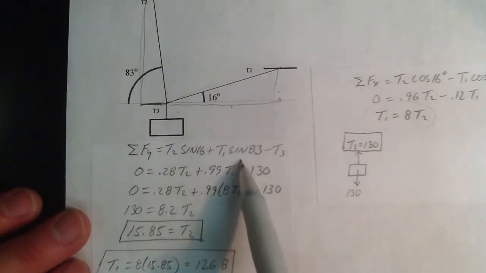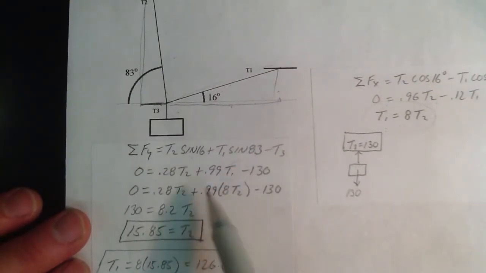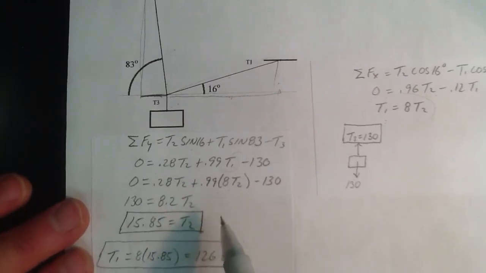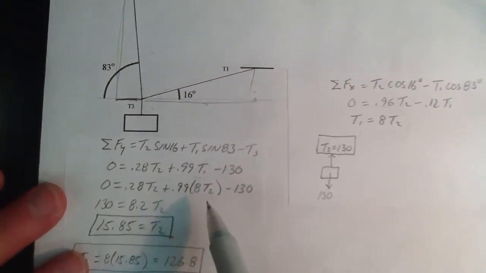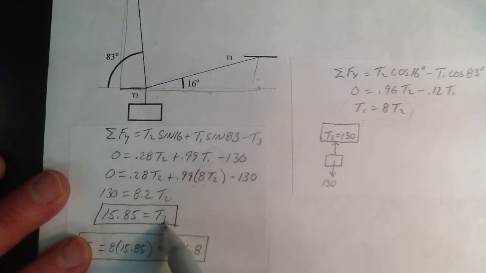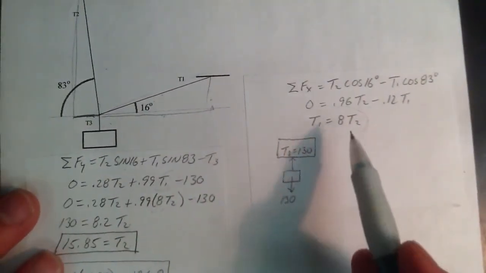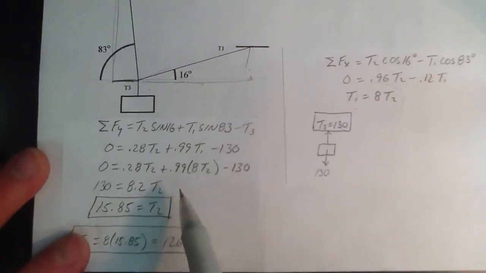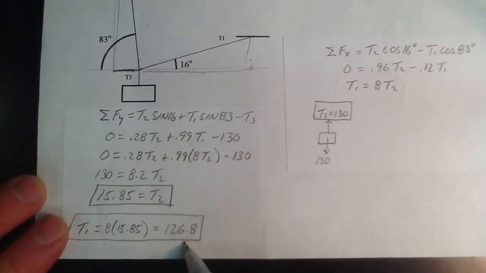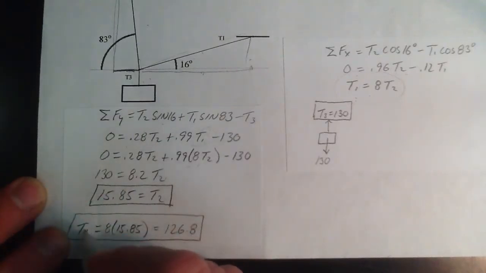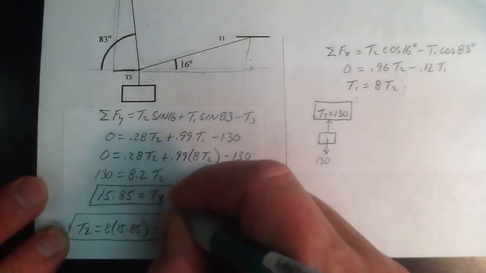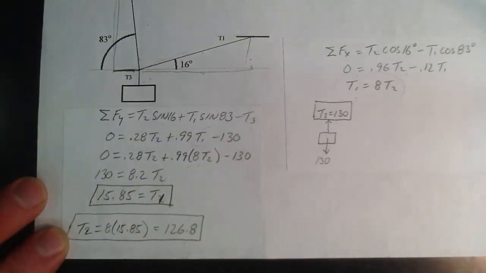Right here is where I do my algebraic substitution, combine like terms, and solve. Now I think maybe on yours I had reversed T1 and T2, but the process is the same. Now I take that and I can back calculate. Actually, I do think this is reversed. T1 should have the higher force in it. I mean T2. Okay, there we go.